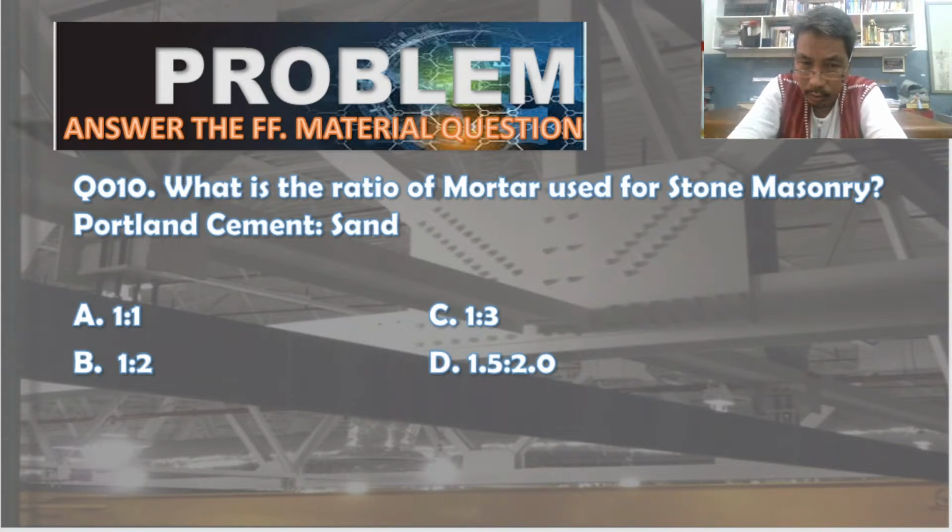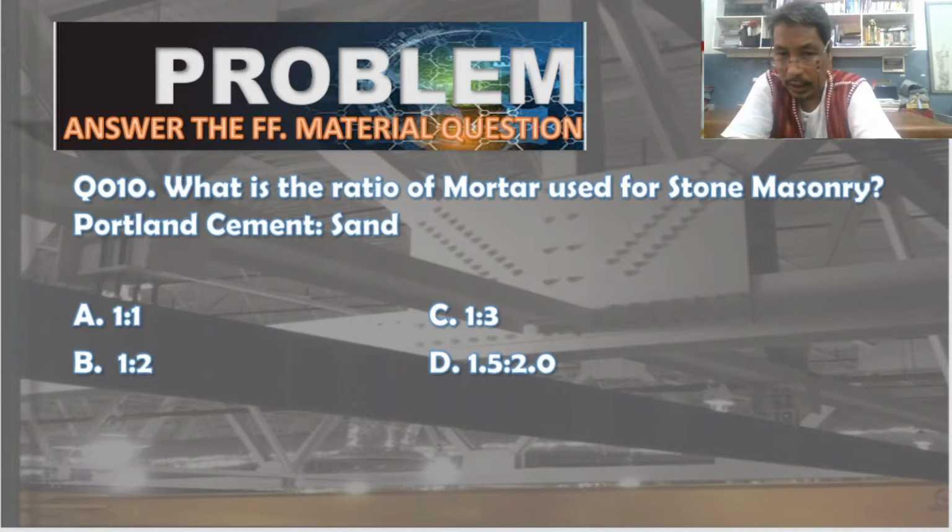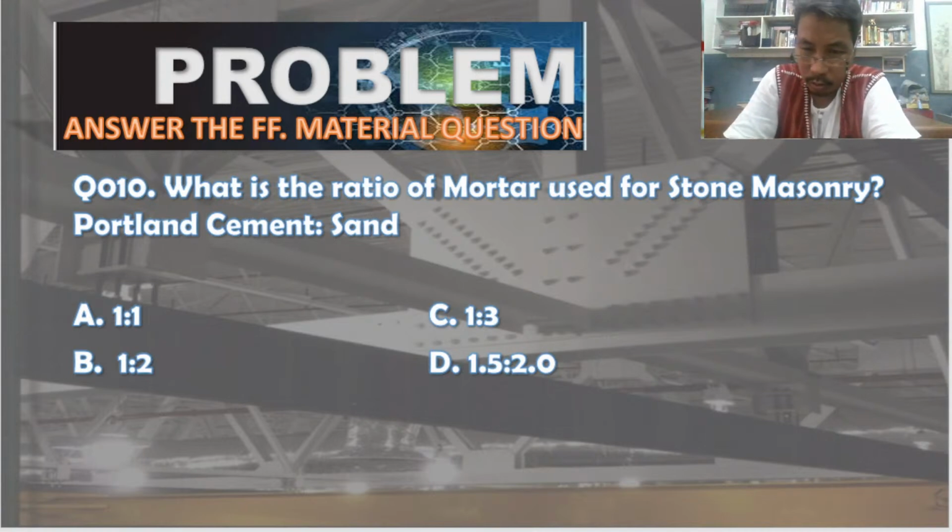Letter A, 1 is to 1; B, 1 is to 2; C, 1 is to 3; D, 1.5 is to 2. For example, in letter C, 1 is to 3, meaning 1 part of Portland cement for every 3 parts of sand. That is what we mean by these choices.